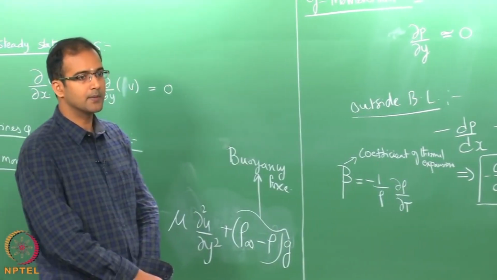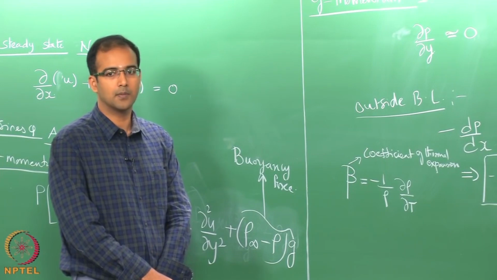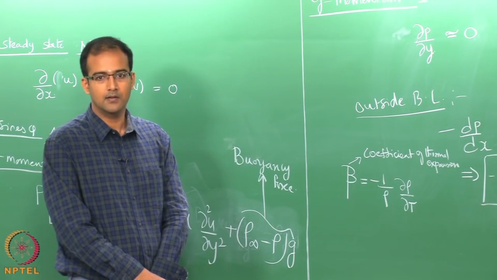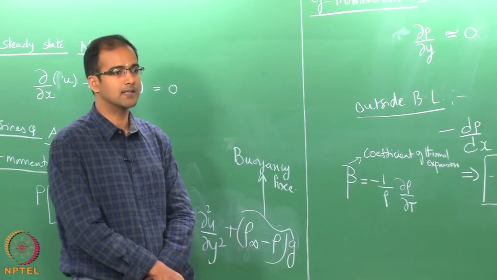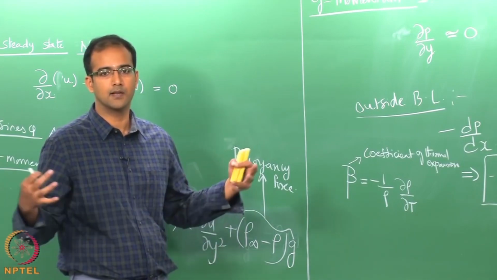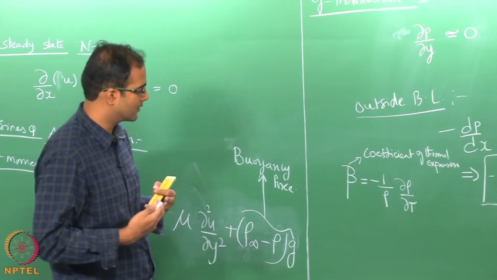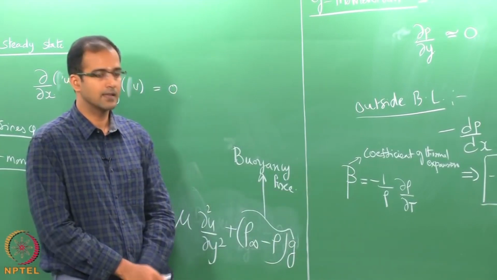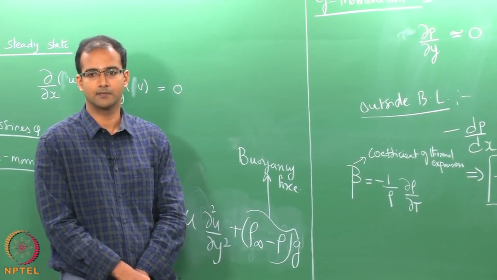What it simply measures is the variation of density of a particular fluid with respect to temperature. So, if this coefficient is high, that means this fluid can expand or contract very strongly as a function of temperature. So, the higher the value of beta, the higher the potential for this density difference.